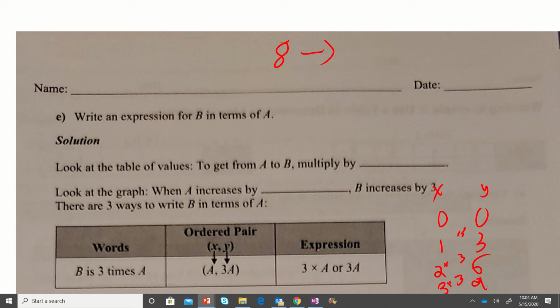So what it has here is 3 times a, or 3a. Now if I want to find the 8th number of this pattern, I'm going to go 8 times 3, which is 3a in this case, and I'm going to get 24. So the expression here is 3 times a, or 3a.